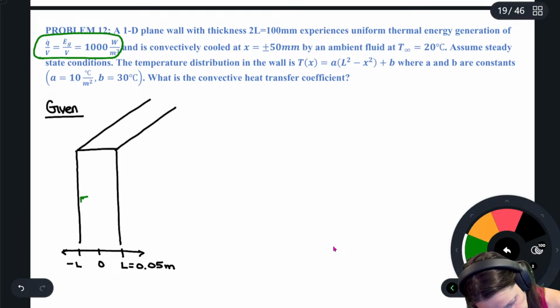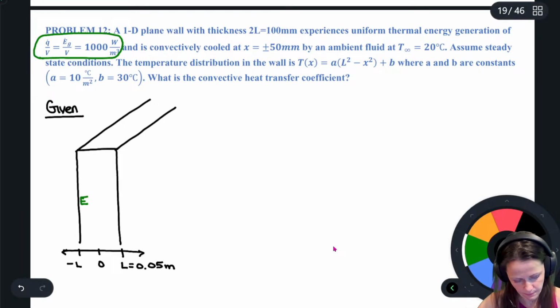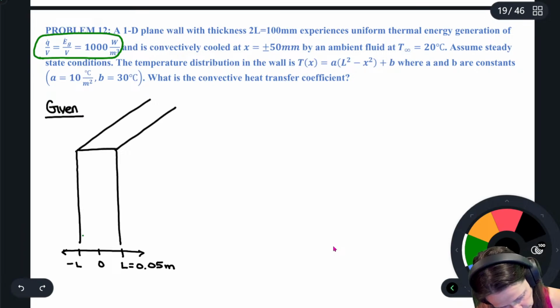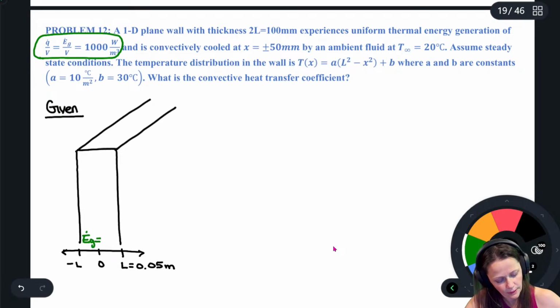If I wanted to find that E dot G, it would be 1,000 watts per meter cubed times the volume of this whole wall.